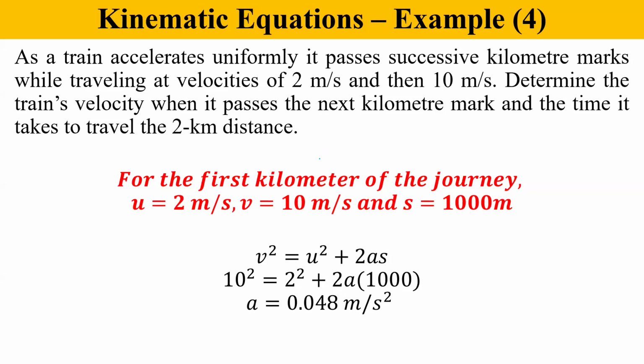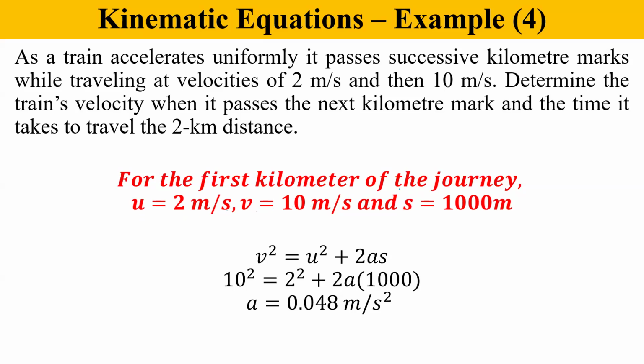Now, this is a little bit different from all the other problems that we have been working, which were quite straightforward. So the first thing you have to think of is the kilometer of the journey. We know our SI unit is meters, but this is in kilometers, right? So you see that your initial velocity is 2 meters per second, and the final velocity is 10 meters per second.